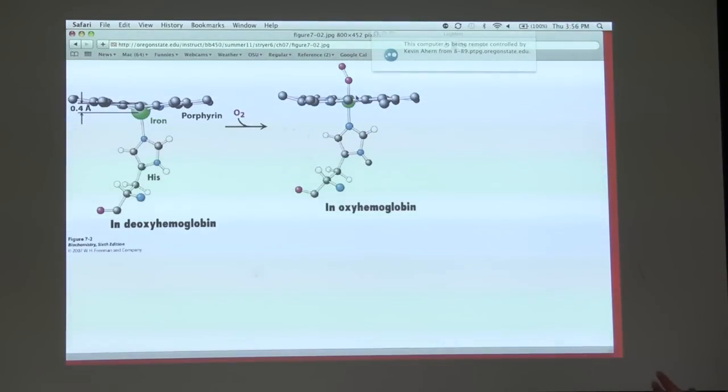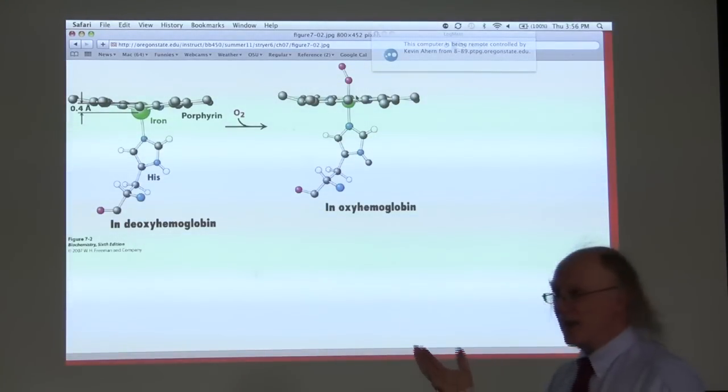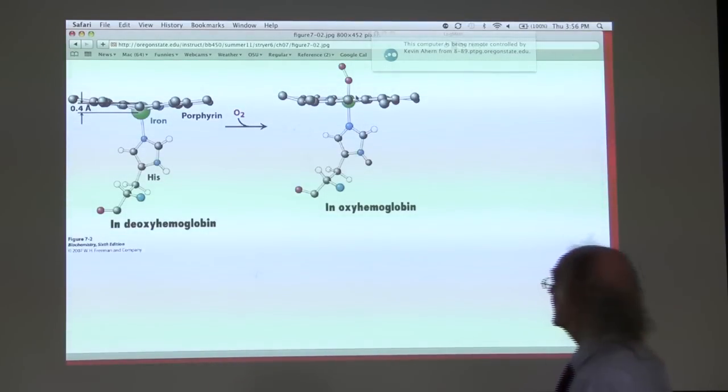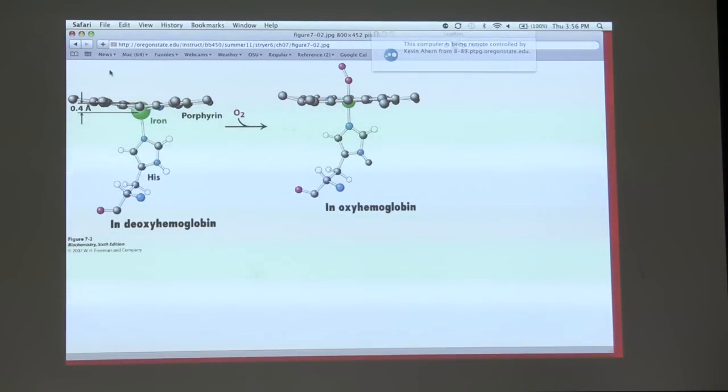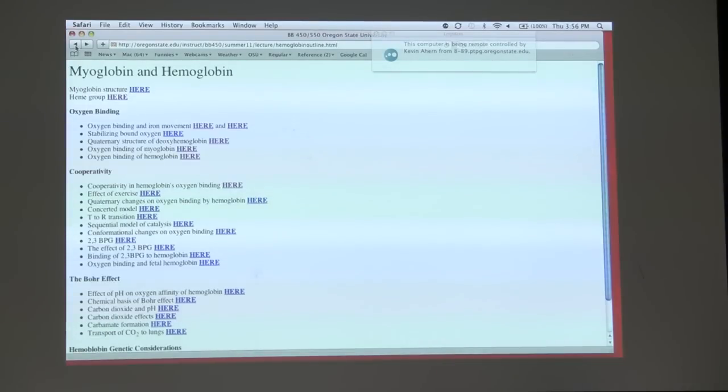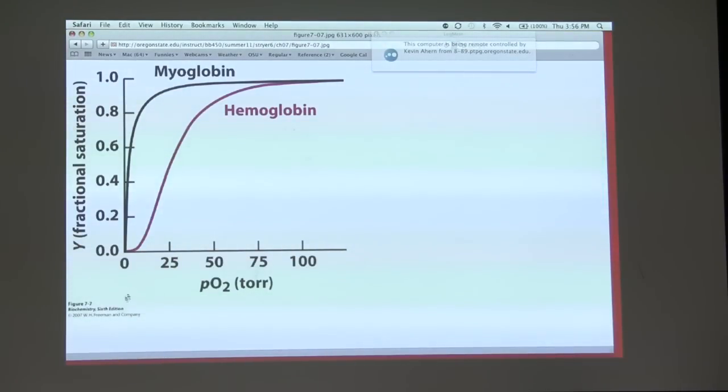Well, the second one now induces the third one to change, and the third one induces the fourth one to change. So what we've seen, when we look at the plot of the oxygen binding of hemoglobin, is that at low concentrations it didn't bind very much, but once we got one binding, boink, and the second one binds, and we get a boink, we're changing the way that hemoglobin binds oxygen depending upon how much oxygen actually is present.